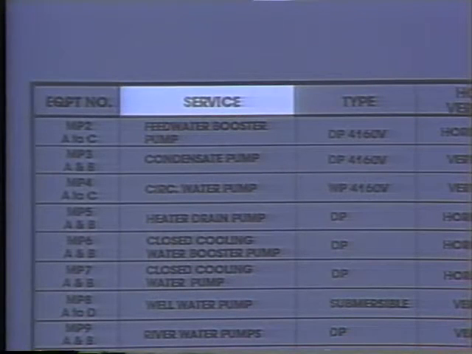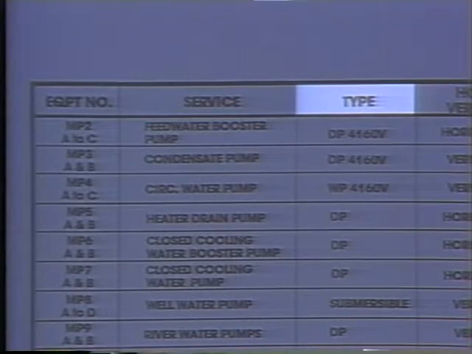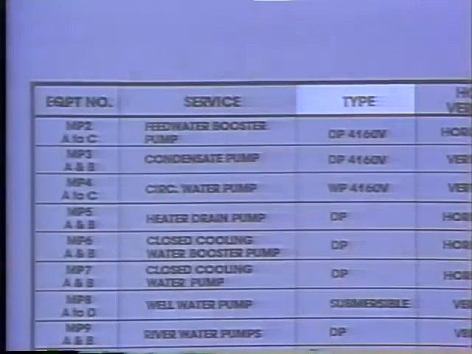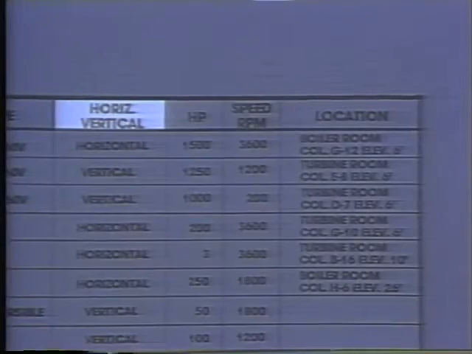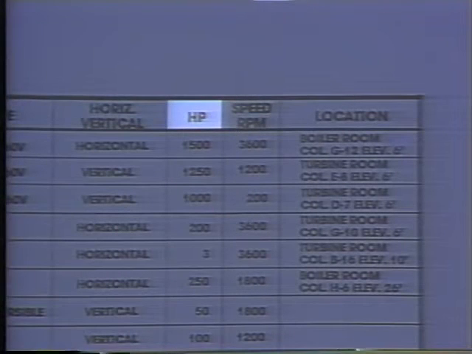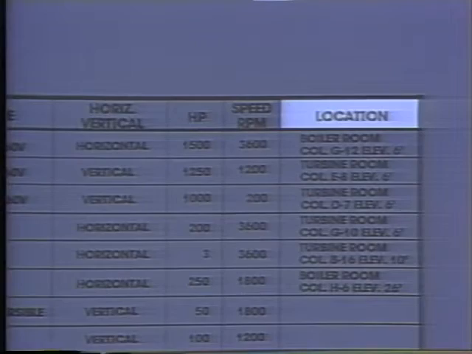For example, this column identifies the service the motor would provide in a plant. The next column identifies the type of motor it is. The other columns further identify the motor as to the way it's mounted, its horsepower, its speed, and where it's located.